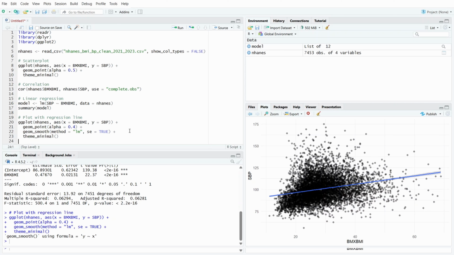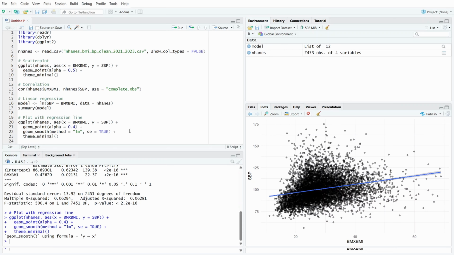And that brings us to the end of the lesson. In this video, we explored how to examine relationships between continuous variables using scatter plots, correlation, and simple linear regression. We learned how to visualize trends, measure the strength of associations, and interpret regression results in a public health context.